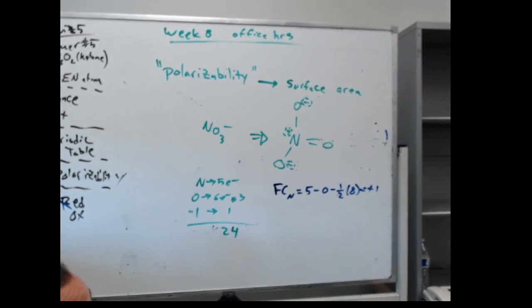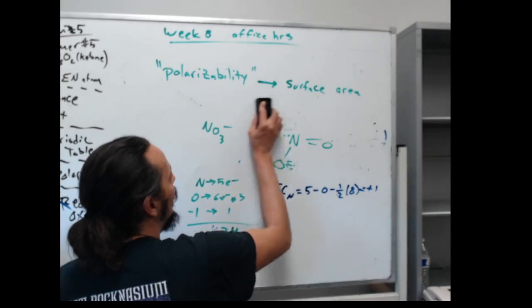This is going to have trigonal planar geometry. It's not going to be polar, but it will be polarizable. That is to say, you can still push the electrons around. It will still have London dispersion force, even though it's not going to have dipole-dipole interactions. So that's polarizability.